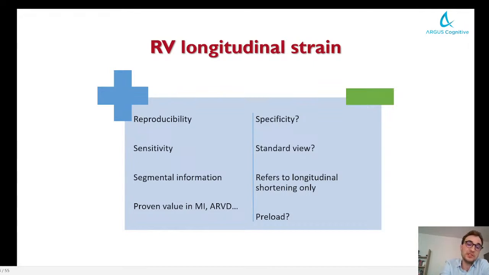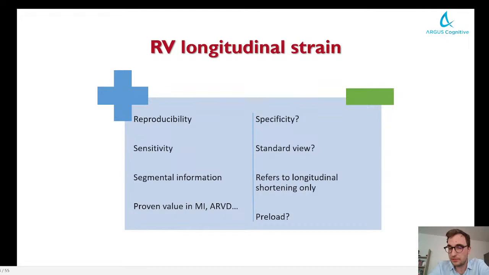And it has quite strong prognostic and diagnostic value in patients in a large number of conditions. Here only myocardial infarction and arrhythmogenic right ventricular dysplasia are highlighted, but there are many more populations in which it was proven to be a strong predictor of outcome.